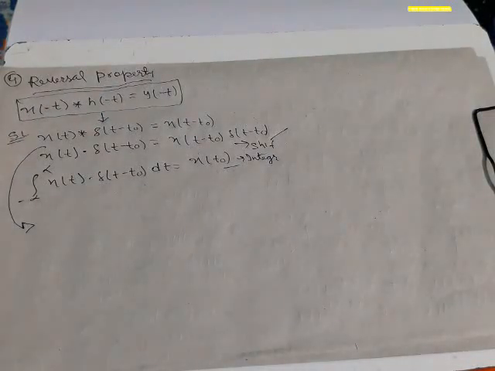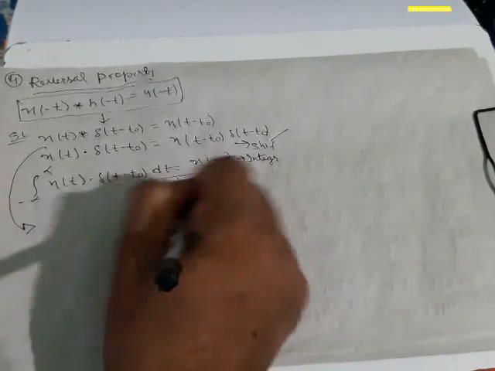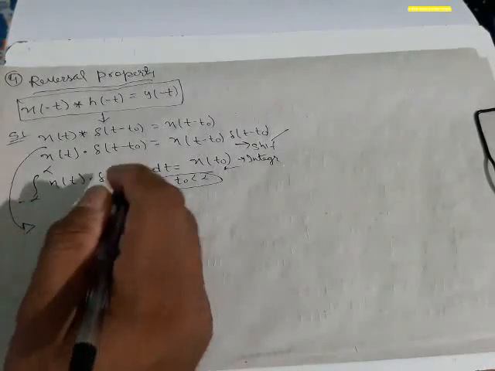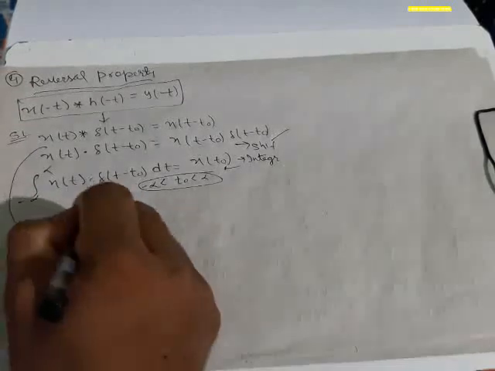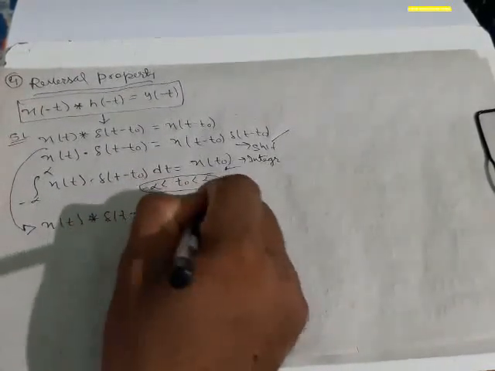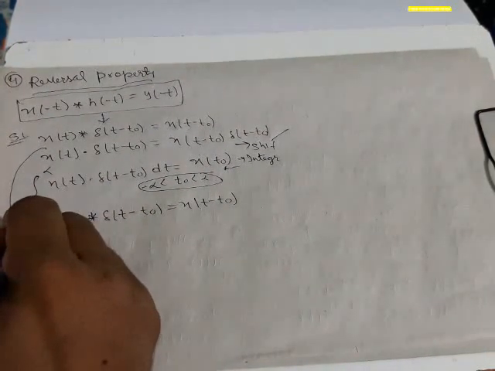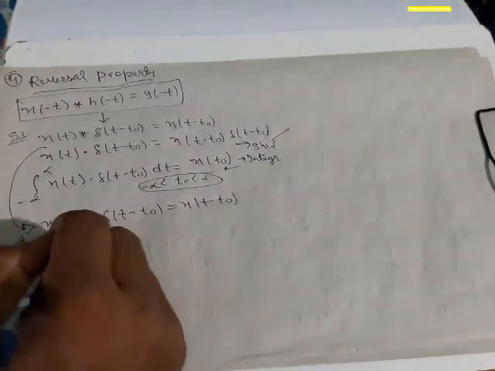And if h of t is exponential minus t into u of t, then when a step input goes through this system, you will get y of t as 1 minus exponential minus t into u of t.